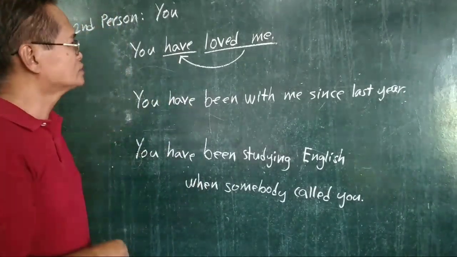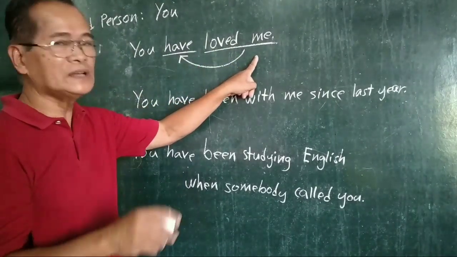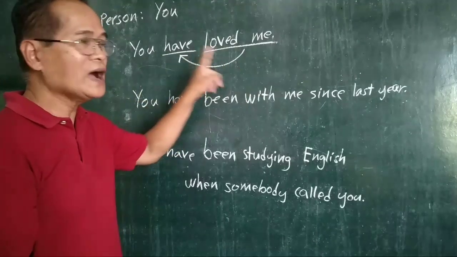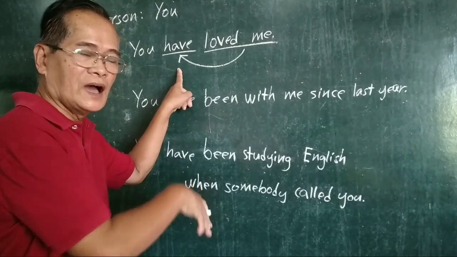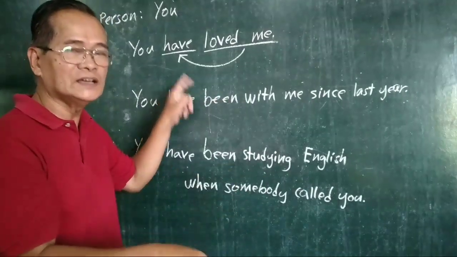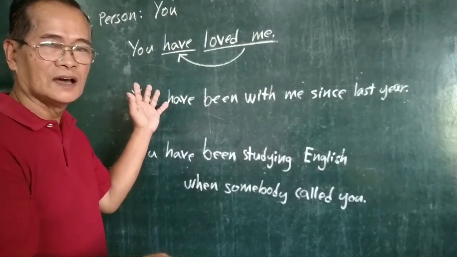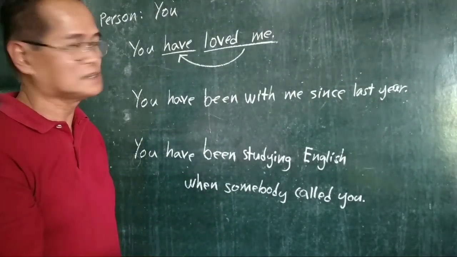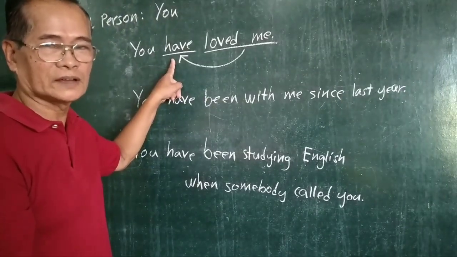Now, about the action. You have loved me. It means that the action, ang action ay nangyari sa nakalipas at tuloy-tuloy na nangyayari sa kasalukuyan. You have loved me in the past. Until now, you are still loving me. So, the use of have here is correct.